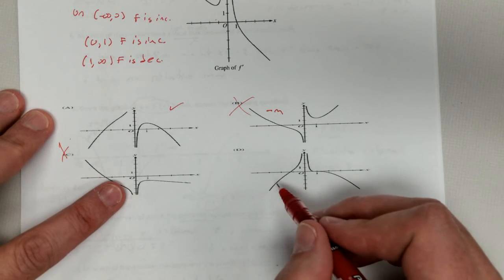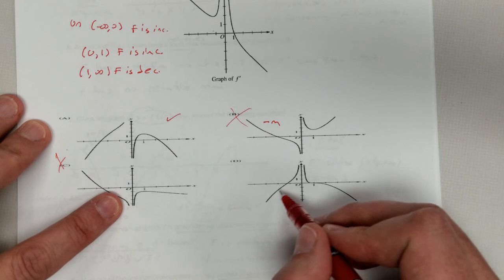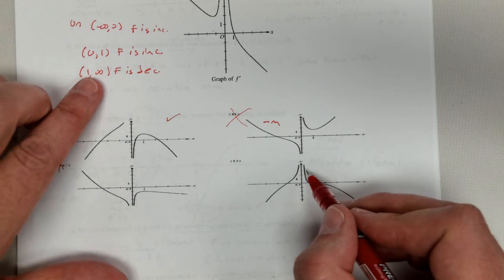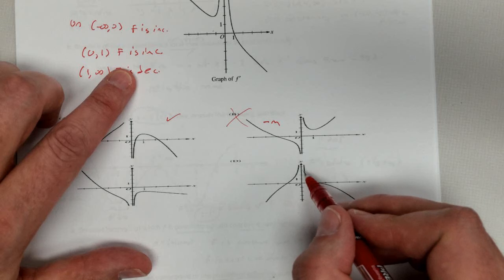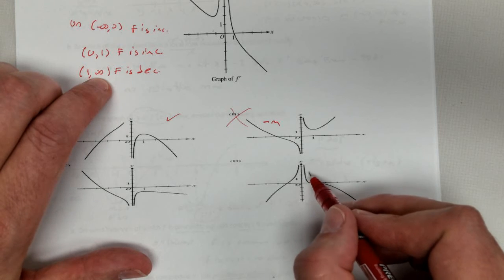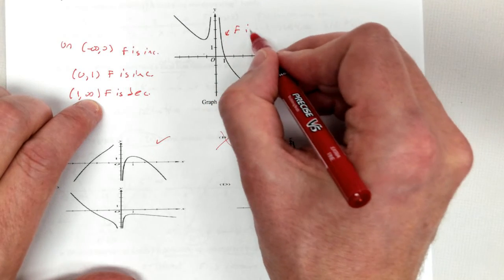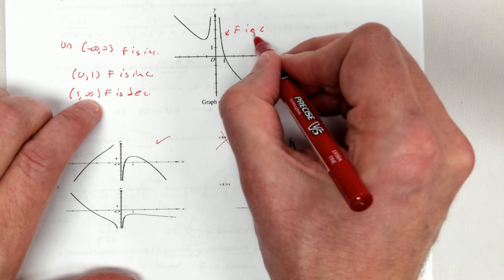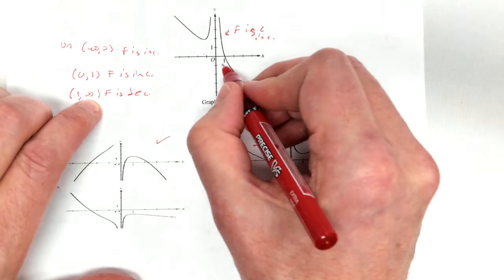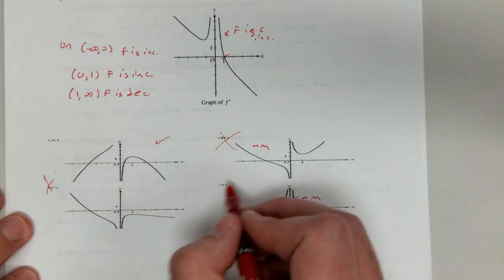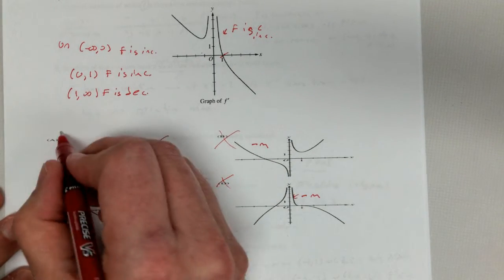D, let's take a look here. F is not increasing. See right here? That's a negative slope again. But here we're saying that F is increasing right here up until we get to 1. So that can't work because this is decreasing, and the answer has to be A.